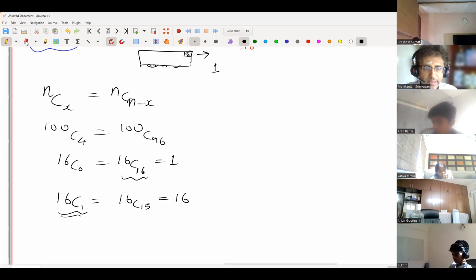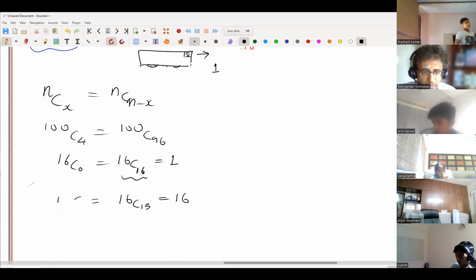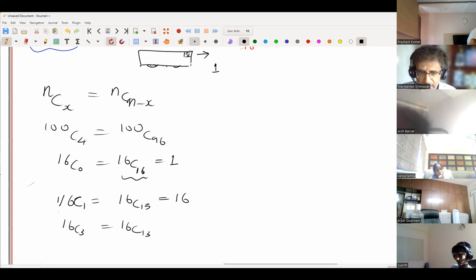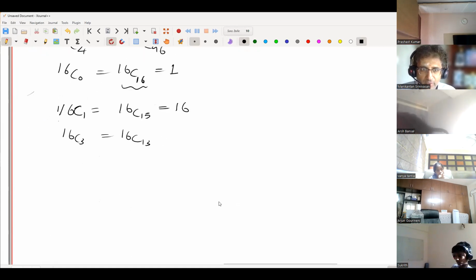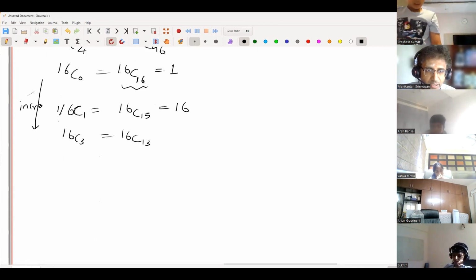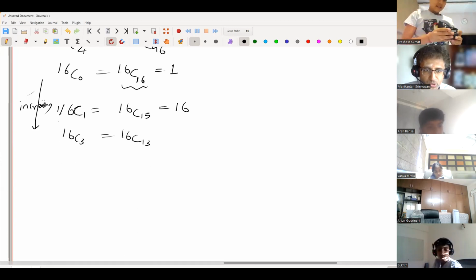And this logic will hold good for any number. 16 choose 3 will be the same as 16 choose 13 and so on. All of these numbers will be increasing. You have more choices to select 1 student, 2 students, 3 students, 4 students.